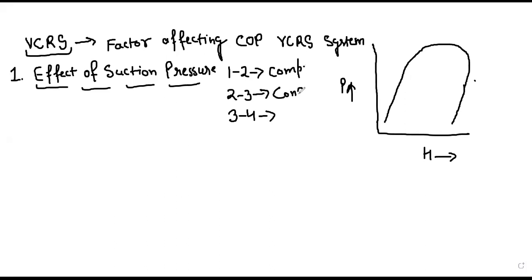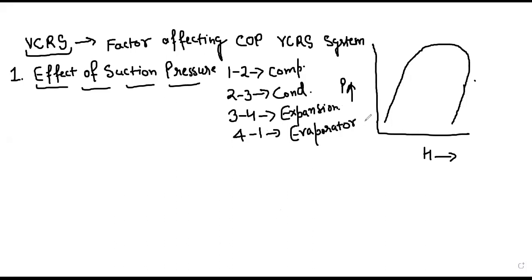Isenthalpic process. Yes. So the expansion device comes into play. And what is 4 to 1? 4 to 1 basically is the work that we are doing in the evaporator. So all of you are aware of this particular thing.